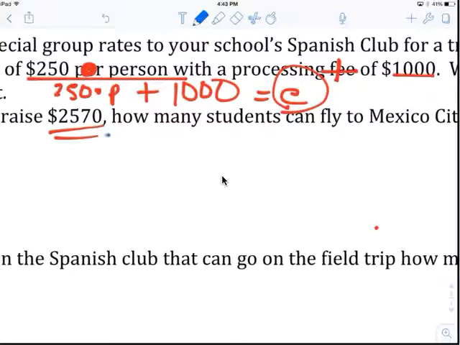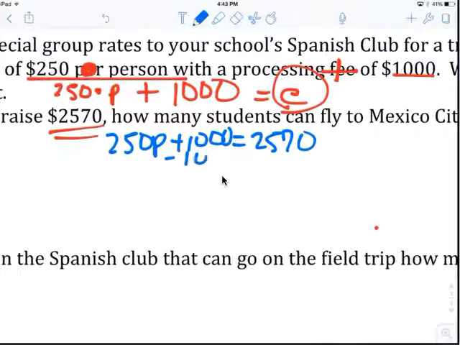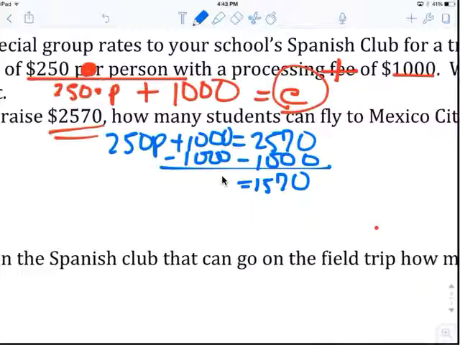So get 250 P plus 1,000 equals 2570, minus 1,000, and you divide by 250.